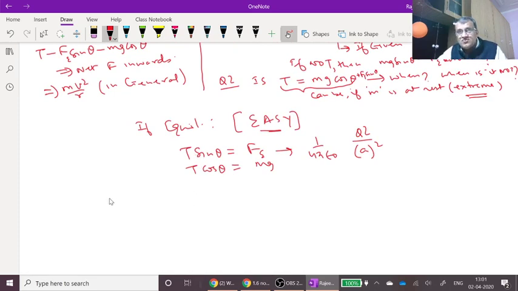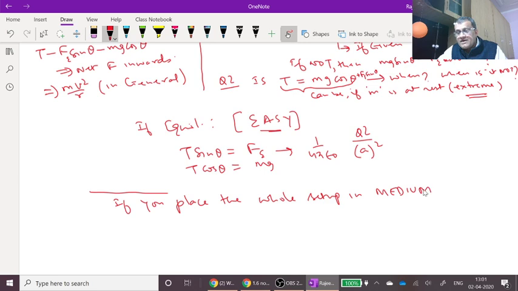What I want to discuss with you in the little time that we have is a question. If you place the whole setup in a medium, meaning you put the whole thing in oil or in water, then how does it matter?